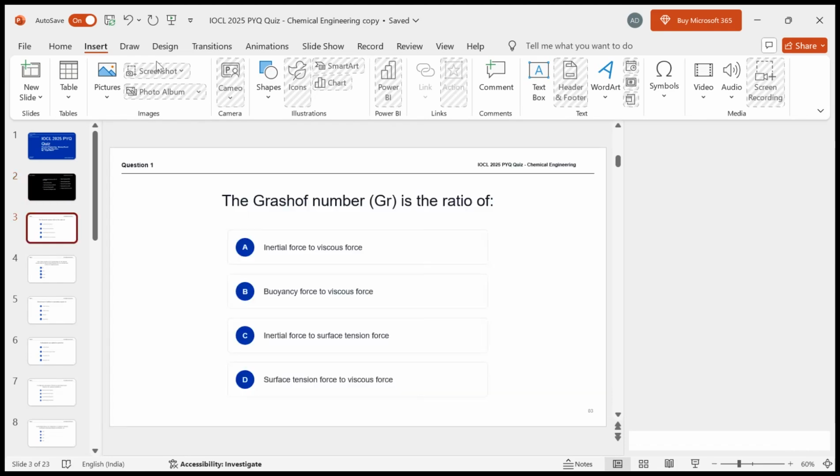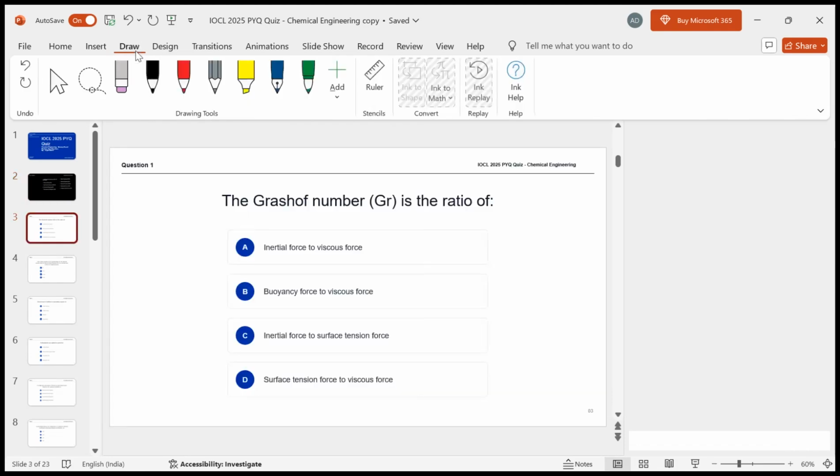The first question itself is, the Grashof number is the ratio of. The correct answer is buoyancy force to viscous force. What is the Grashof number formula?